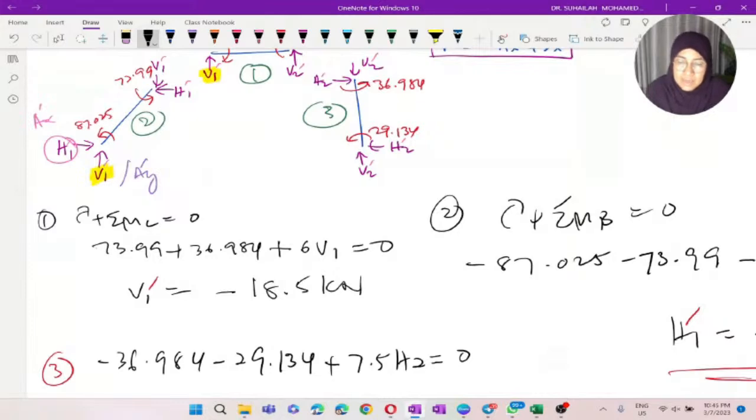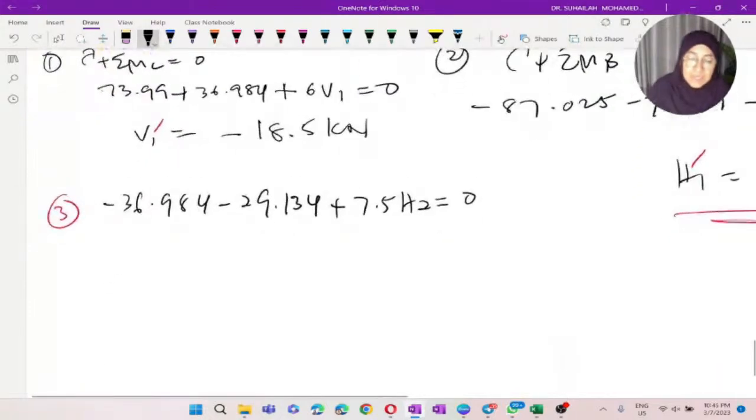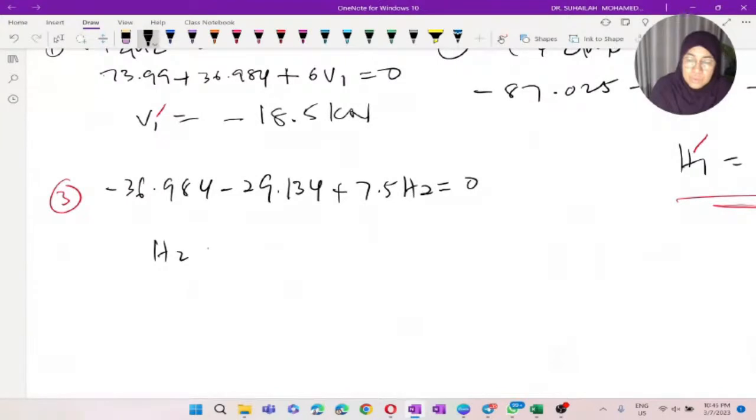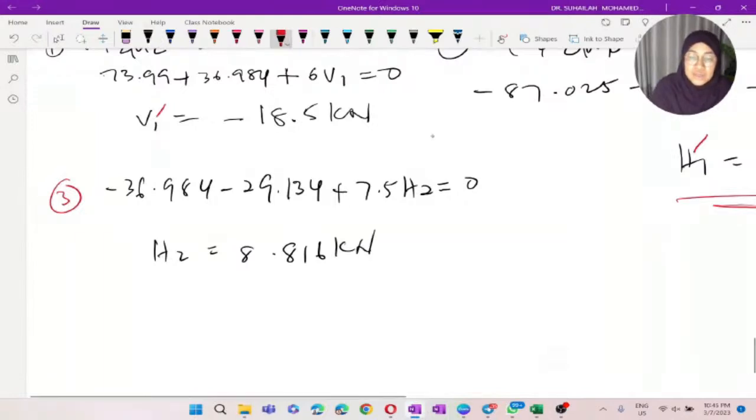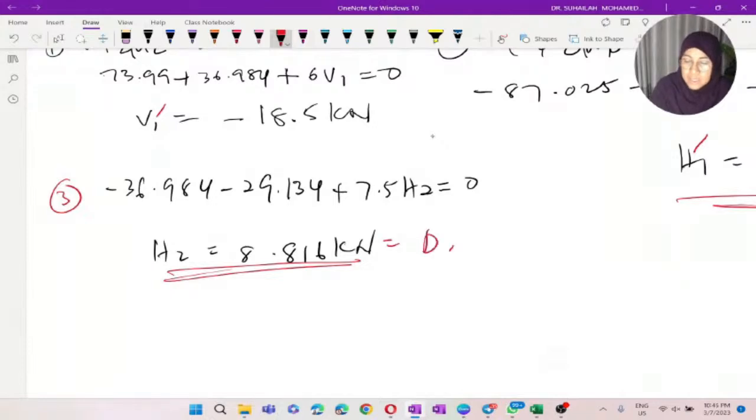So H2 we get 36.984 divided by 7.5. It is 8.816 kilonewton. So this is H2, or this is actually DX prime.